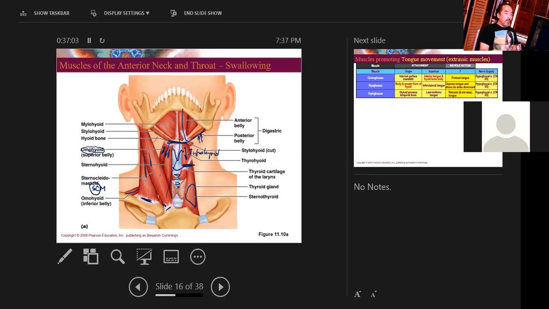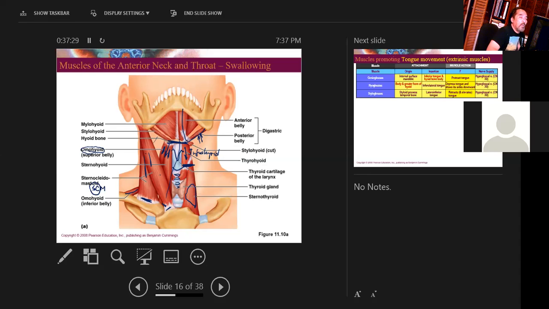Right? So we finished with sternocleidomastoid, and we talked about the muscles that wrap around the throat, the omohyoid and the sternohyoid. Okay, so those are the two muscles, two muscles that are pulling that throat down.